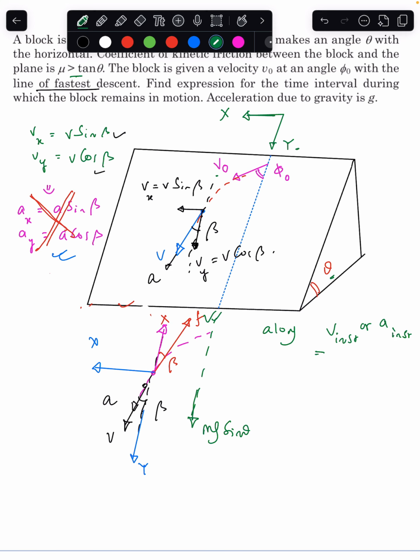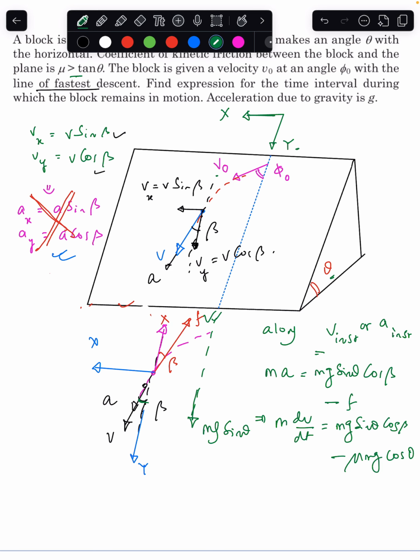What is the equation I am writing? Mass into total acceleration is equal to, what is the force? mg sine theta, this component will be the cos component. So I can write mg sine theta cos beta minus friction. So m dv/dt is equal to mg sine theta cos beta minus friction, which will become mu mg cos theta.